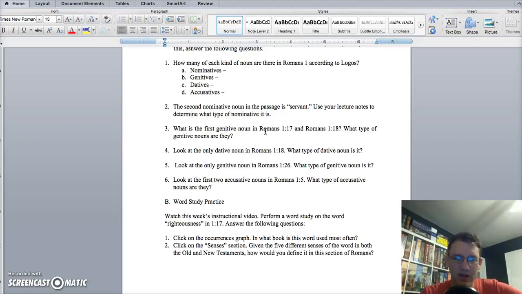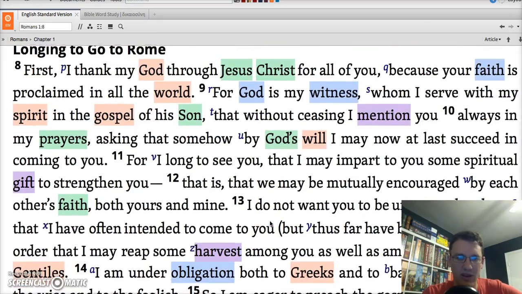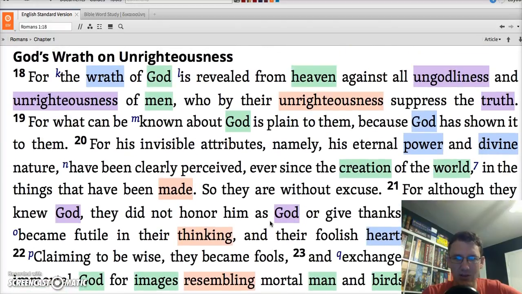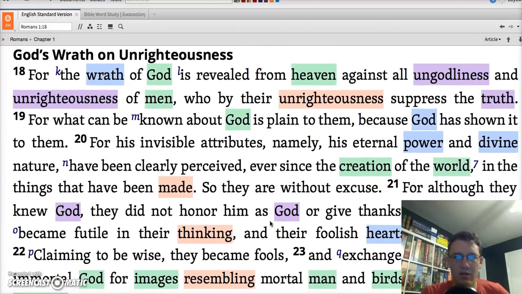Okay, the next question. Look at the only dative noun in Romans 1:18. What type of dative noun is it? Let's go to Romans 1:18 and take a look. The only dative noun that we have here is unrighteousness.